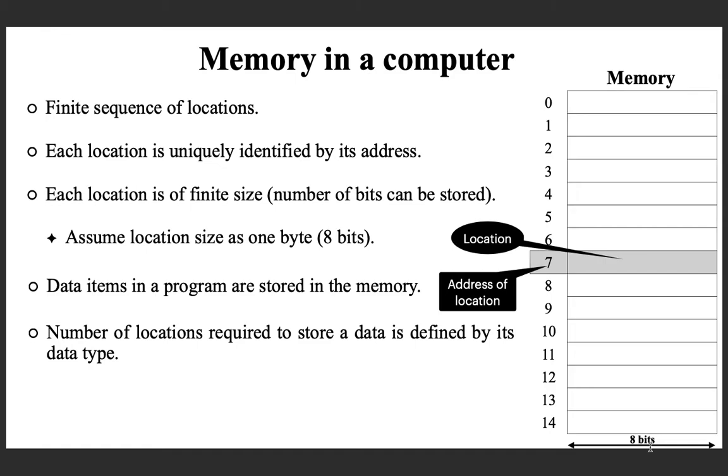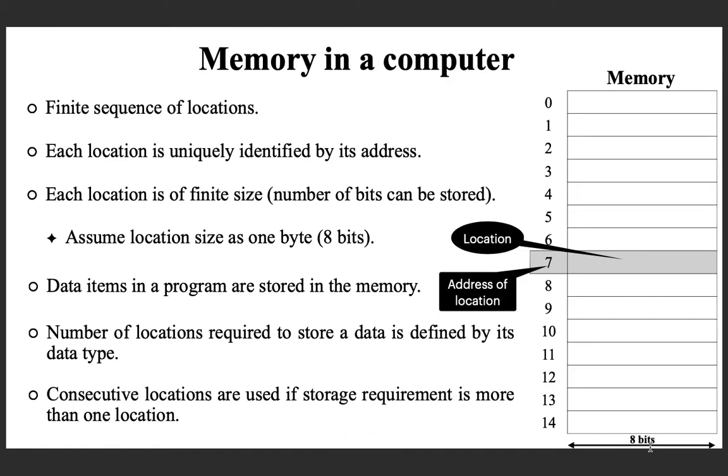Given a data item, the number of locations required to store a value is defined by its data type. We have seen when we discussed data types that in the C programming language, a character requires only a single byte, but integers require more than 1 byte, typically 2 bytes.